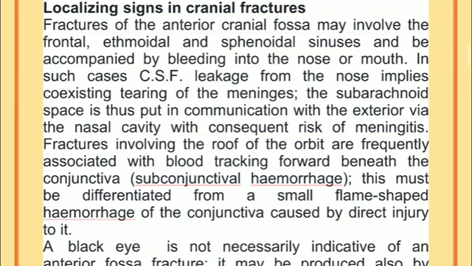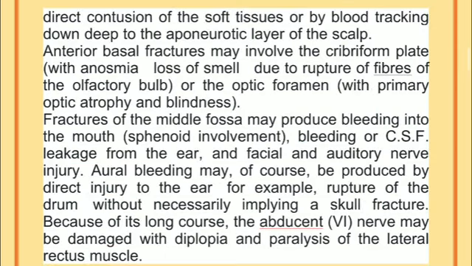You have a black eye. A black eye is not necessarily due to anterior cranial fossa fracture. A black eye may be produced by direct contusion of the soft tissues, or it may be due to blood tracking down deep to the aponeurotic layer of the scalp.